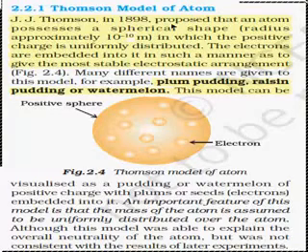J.J. Thomson proposed that an atom possesses a spherical shape in which the positive charge is uniformly distributed. The electrons are embedded into it in such a manner as to give the most stable electrostatic arrangement. Many different names were given to this model, such as plum pudding, raisin pudding, or watermelon.